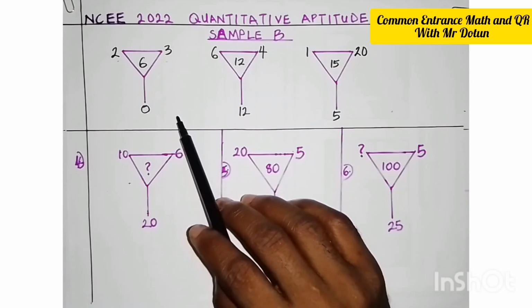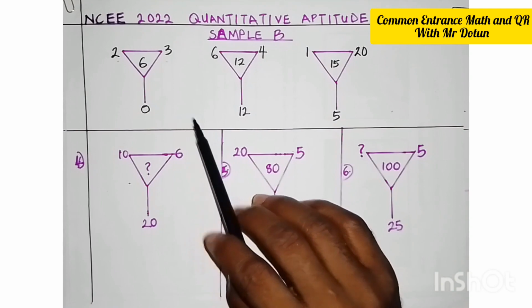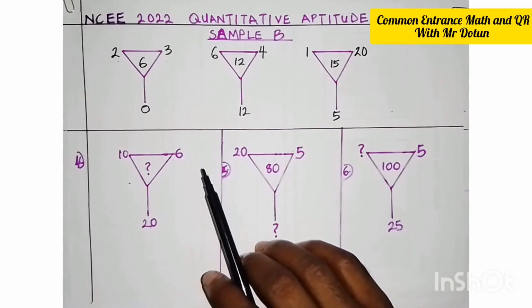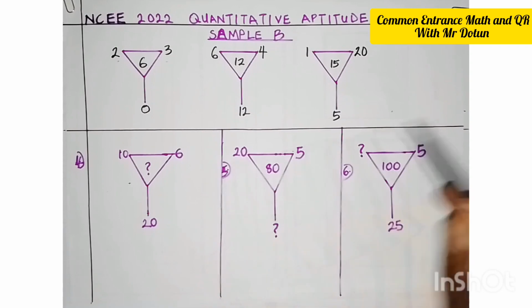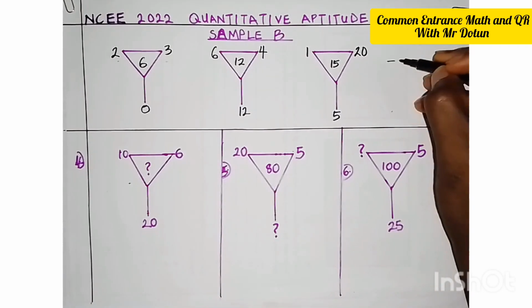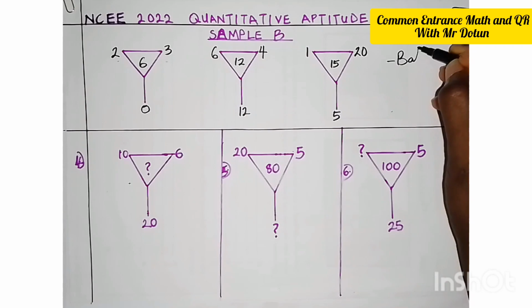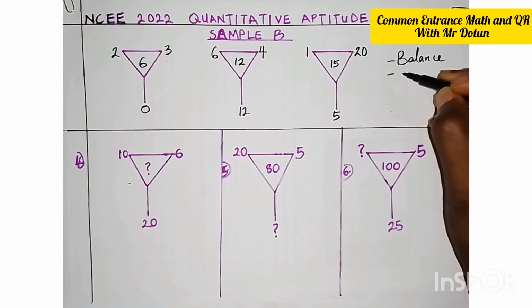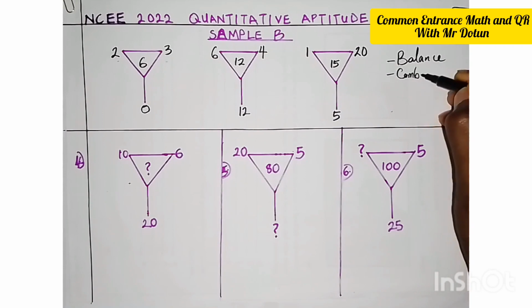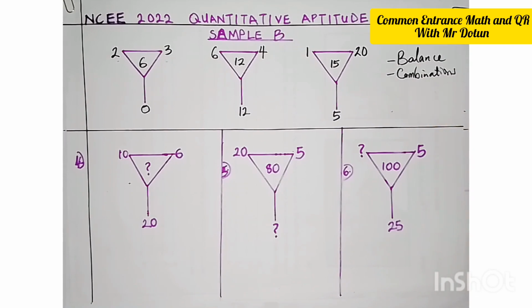What do we do in this? One thing with this kind of pattern, one thing you should look out for is what I call balance. And you should also look out for combinations, where you combine two or more operations to get your answer.